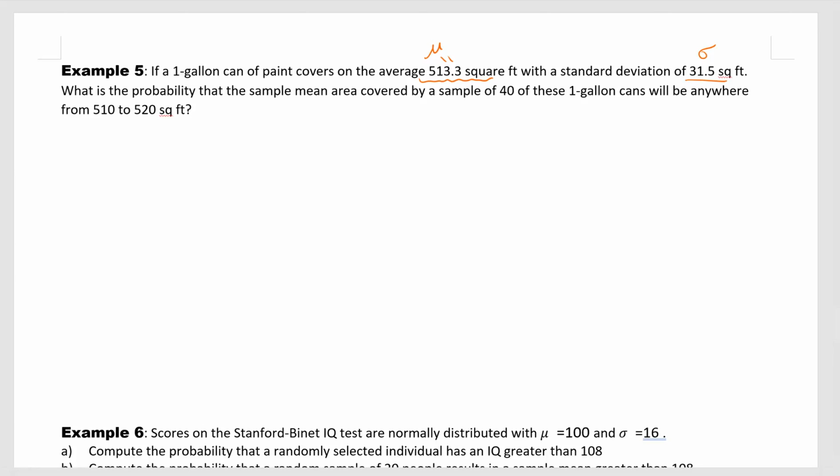What is the probability that the sample mean area covered by a sample of 40 such 1 gallon cans can be anywhere from 510 to 520? So far so good, everybody?